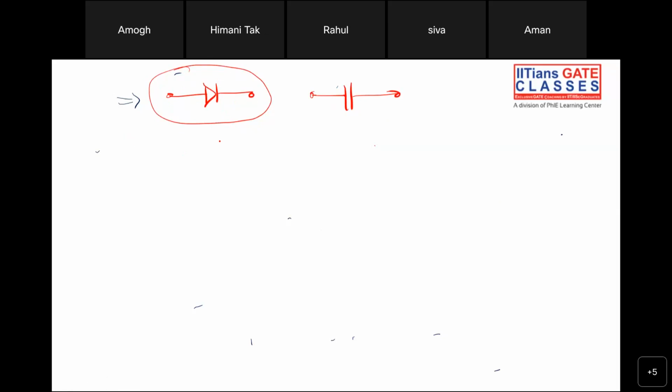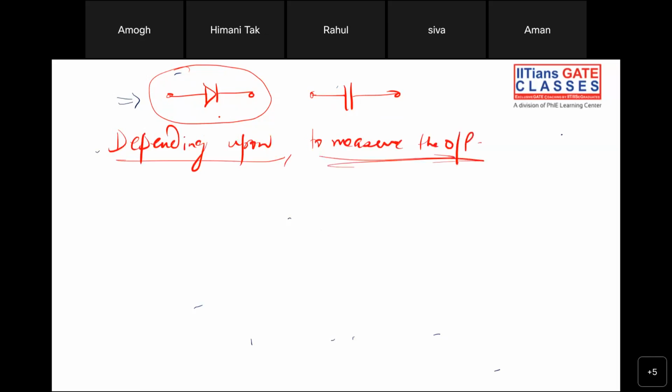See, depending upon across which element you are going to measure the output, the name of the circuit will vary.